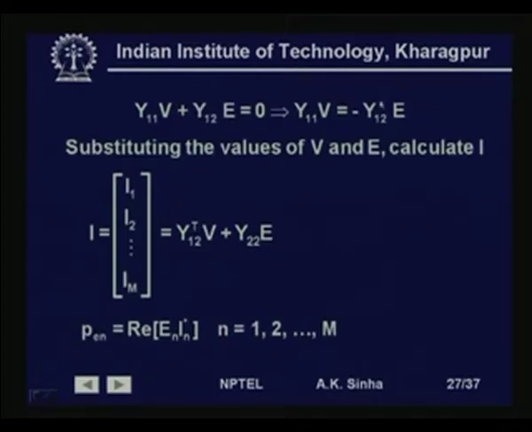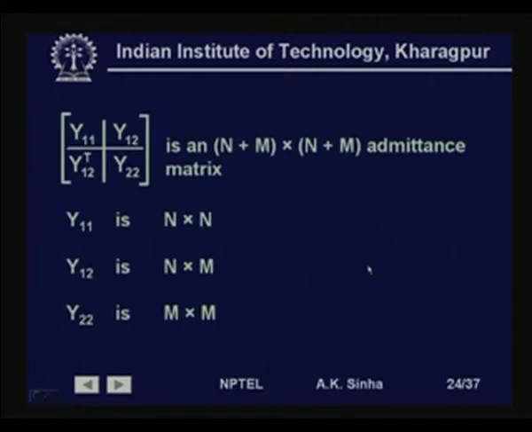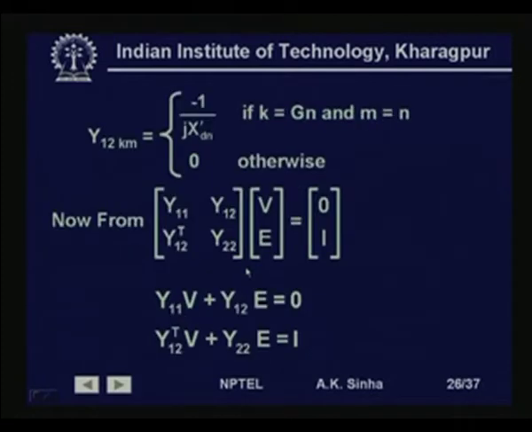So, once we know this internal voltage E, and Y12 is known, this is like an Ax equals B kind of a set of linear equations which needs to be solved. Y12 is an n by m matrix, and E is an m by 1 vector, so n by m into m by 1, the m cancels, and we get an n by 1 vector.